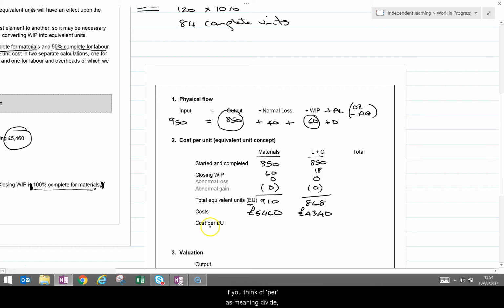If you think of per as meaning divide, we're doing the costs divided by the equivalent units. 5460 divided by 910 gives us £6. 4340 divided by 868 gives us £5. So the total cost of a complete unit is £11.